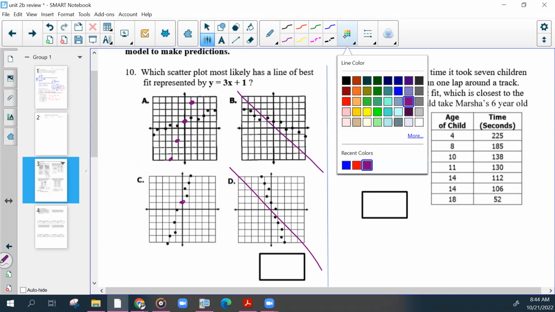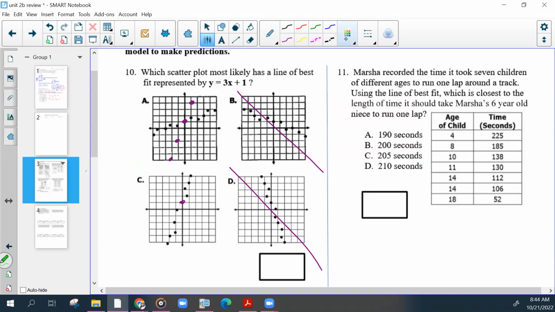This is probably not the greatest color. And look at which of those do the points surround better? A or C?